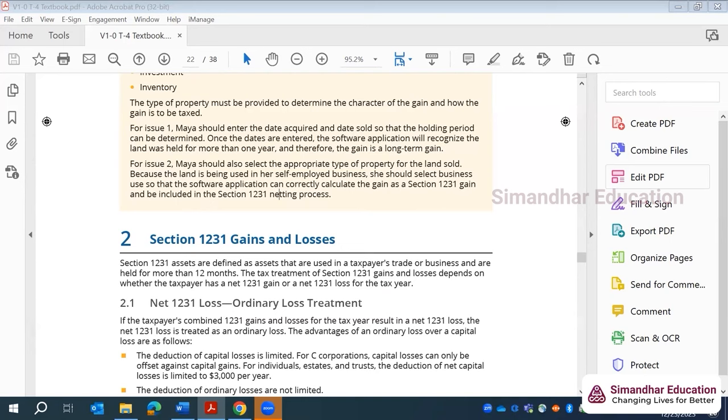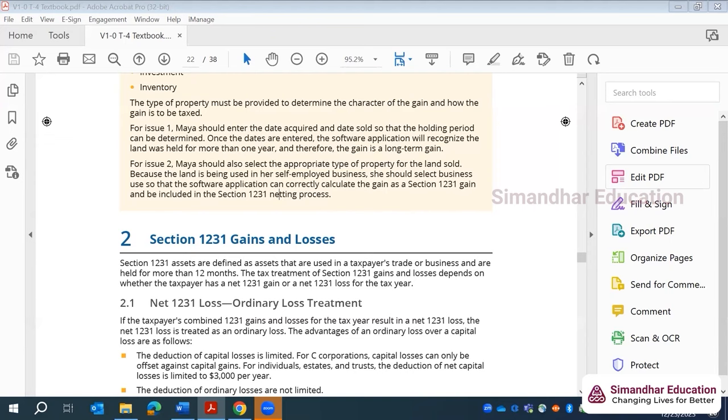Now that we understand how to identify a section 1231 asset, the next thing is, why do we have this code section in place? What is the benefit of this code section, or why do we need to understand it for tax purposes?